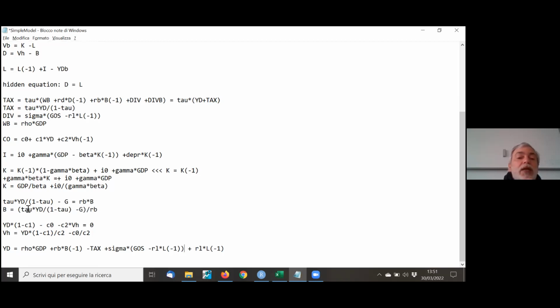So again, if we want to simplify the model to find the solutions, let's go through what I was suggesting at the beginning. So assume sigma is equal to 1. If sigma is equal to 1, all profits are distributed and the wealth of firms is 0.